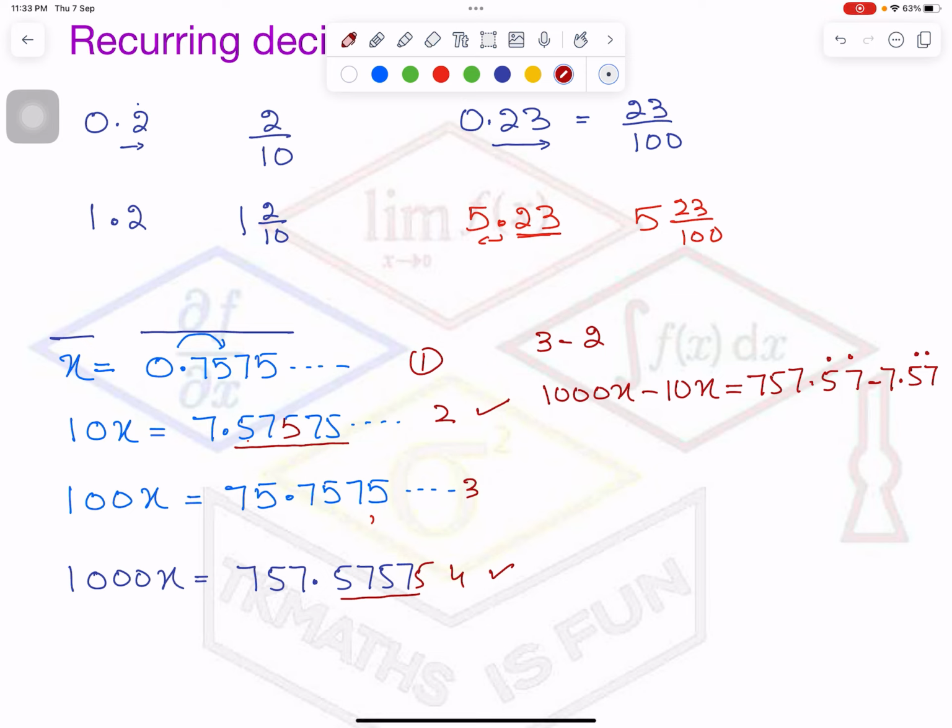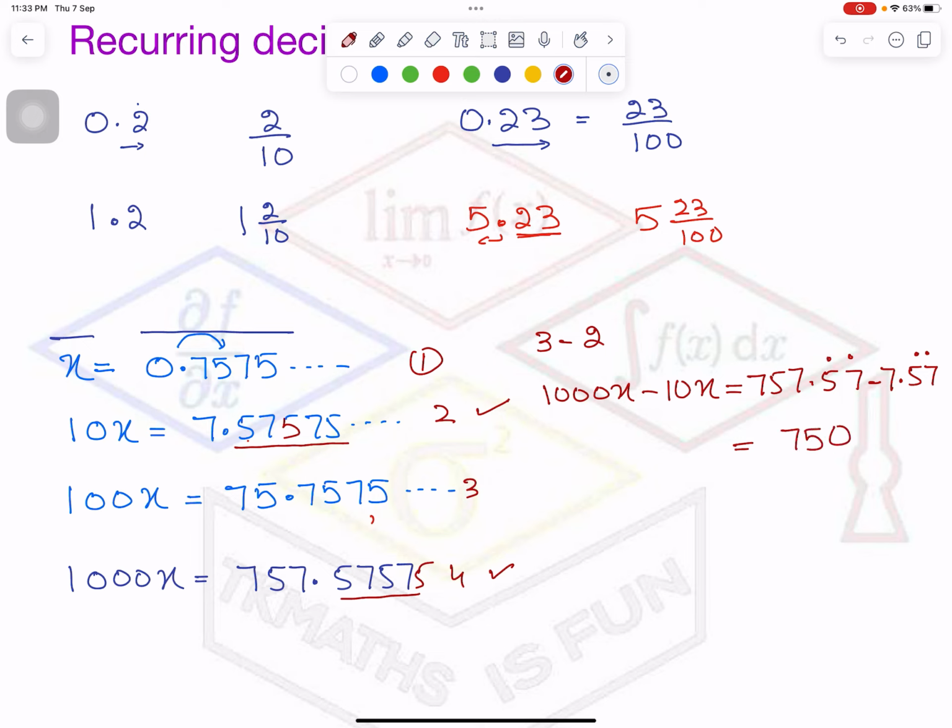So now what is happening? If you subtract the right hand side, 0.5757 will cancel out. It will go away. And what is 757 minus 7? If you can do it mentally, fine. Otherwise, use calculator. At junior classes, calculator is not allowed, so you should do it on your paper. So 757 minus 7 is 750.